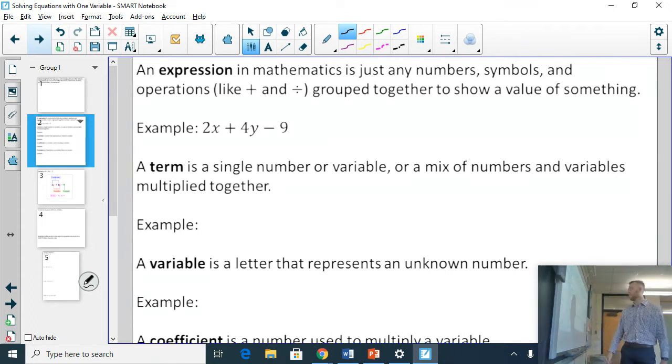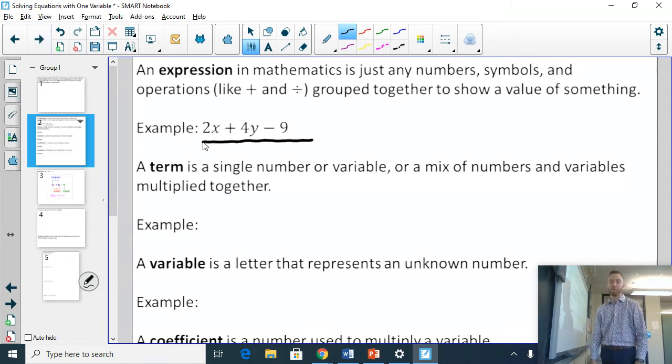So an example of an expression is going to be 2x plus 4y minus 9, right? It's just an expression. It's just an entire thing of not words, but numbers and then variables and operations, plus minus is in there, multiplication is in there, 2x, 4y. If we were to divide it by something, that would be in there too. An expression is just one blob of numbers and letters, right?